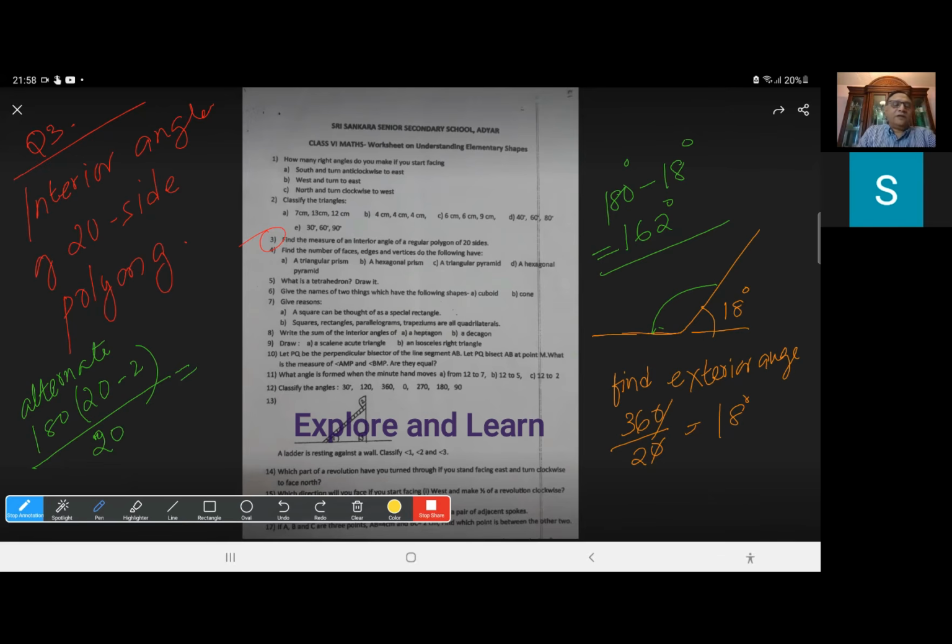So basically we have 180 times 18 divided by 20. You could simplify this and get your answer. 20 cancels and this goes 9 times. So 9 times 18, which is 10 times 18 minus 18. You get the same thing. This is how you could do this particular question.